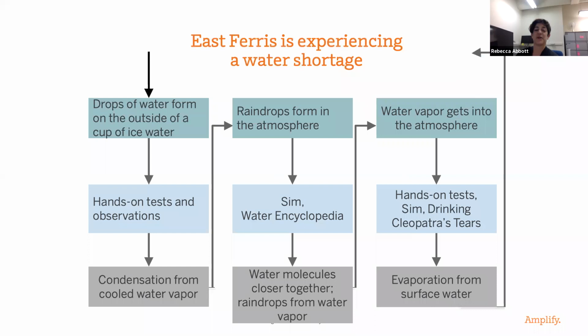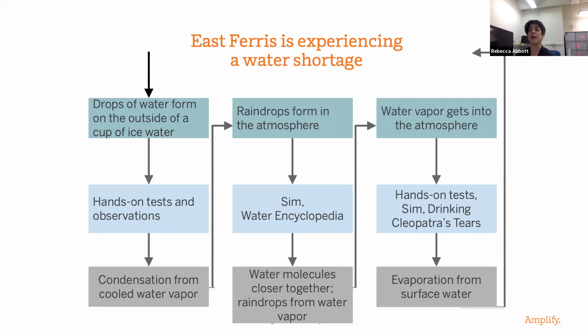Okay, so here is all of this chapter that we're going through here, where we figured out about drops of water. We did some hands-on observations. We thought about how condensation from cooled water vapor is what happens when enough water vapor gets cold and condenses into liquid water.